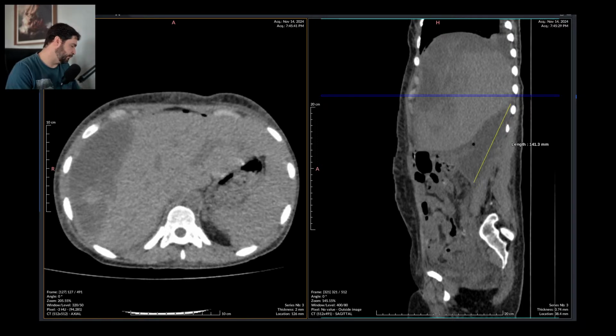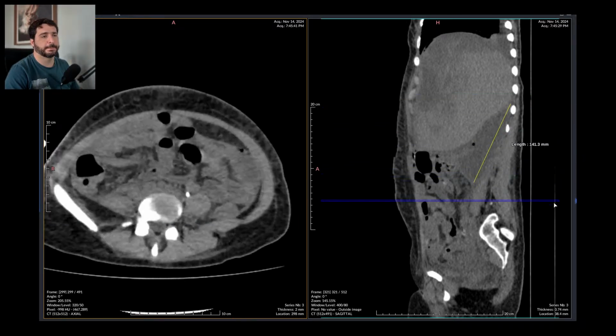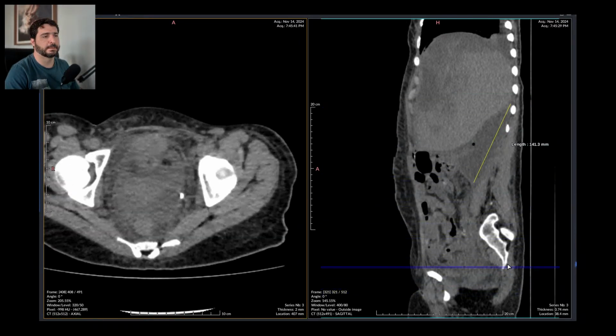Just typing in those collections. And what else? The lymph node enlargements. Right there. And this is it.